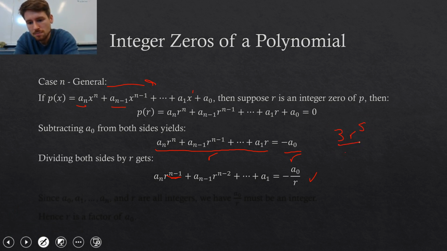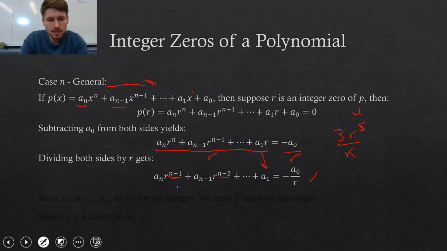If I divide this by r, then I have 5 r's on top and 1 r on bottom, and so that's going to turn this into 3r to the 4th. So it takes away 1 from the power. So the first one goes down in power. The next one goes down in power. So n minus 1 is n minus 2, and so forth. Each one of those has a power of r, getting smaller and smaller until we get to the last one, in which case r divided by r is 1. So the last one just becomes a1 times 1.